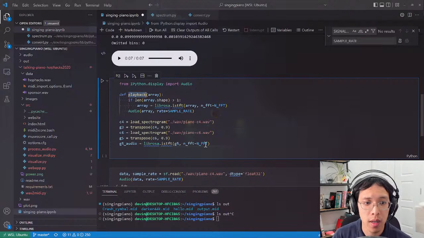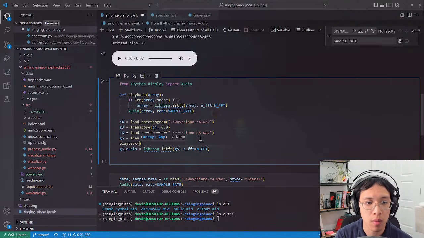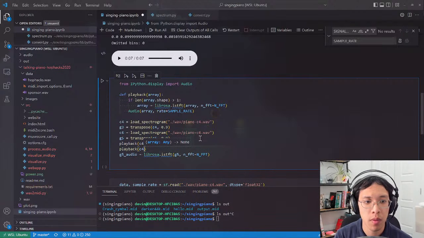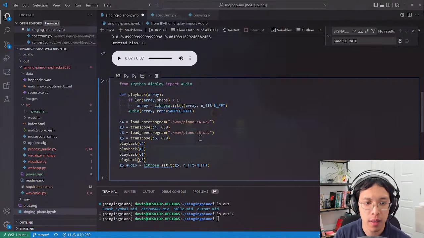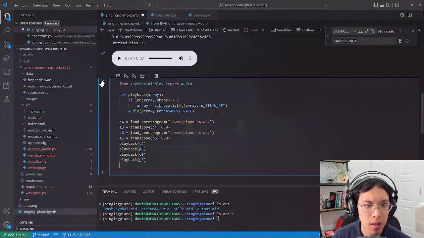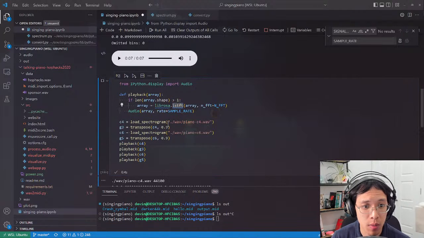So that way, I believe I can just do this. Playback C4, G3, C6, and G5. And I just realized something. One of the reasons why you might be getting these inharmonicities, these bad sounds out of this playback is not necessarily because of the aliasing, but actually because of this inverse transform. That could also be messing things up.